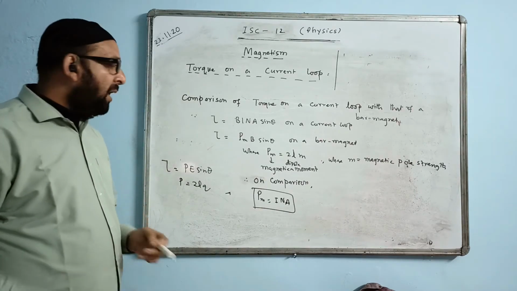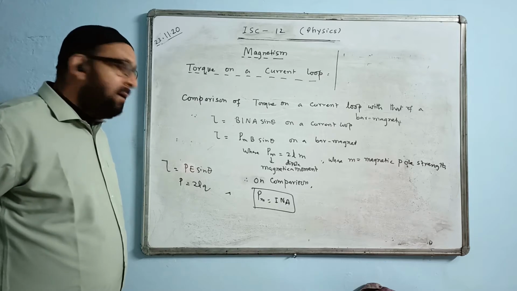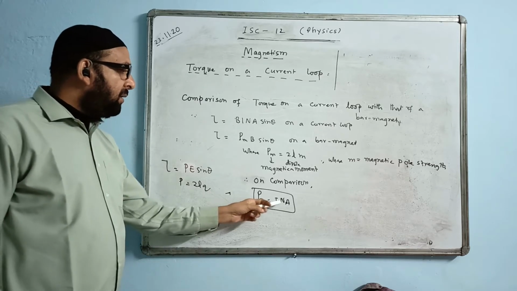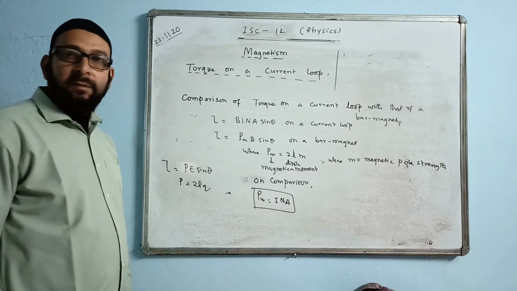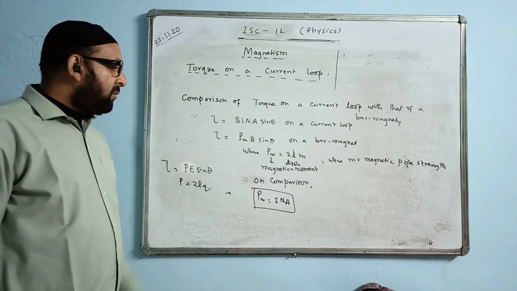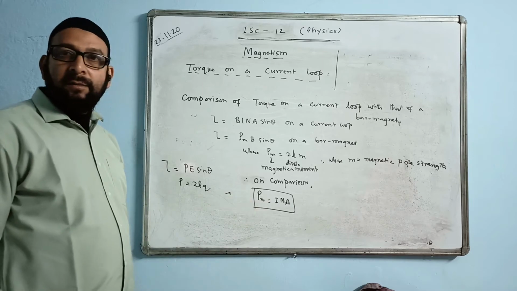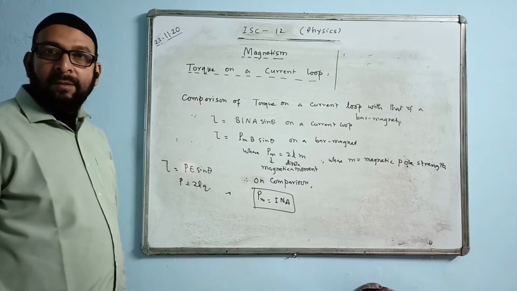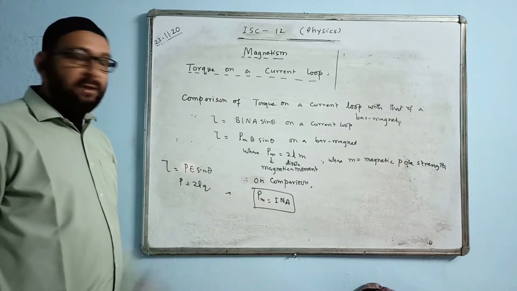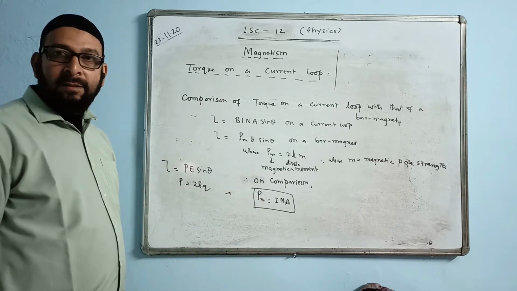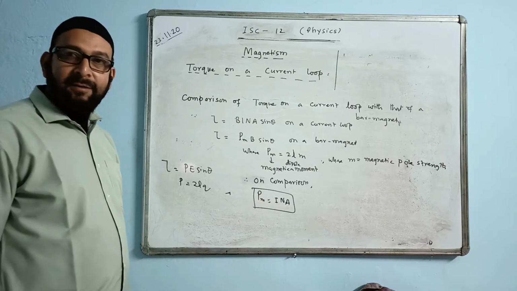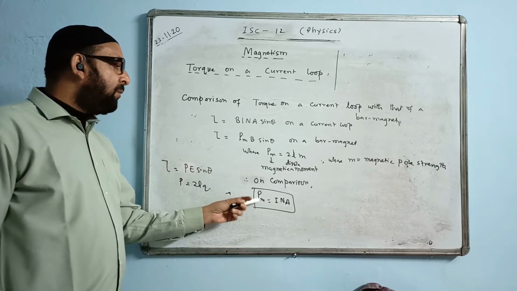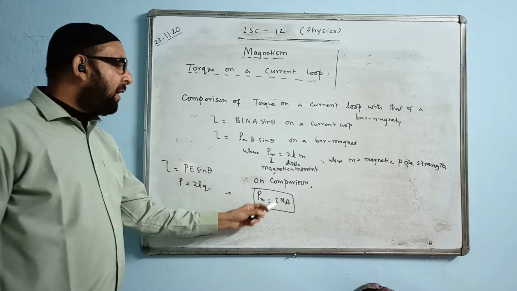P_m equals I N A, that is current, number of turns, and area of the coil. So P_m is I N A, whereas torque is B I N A.